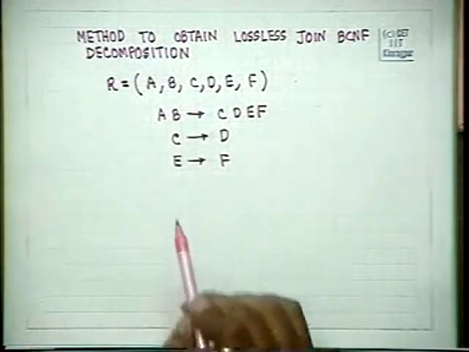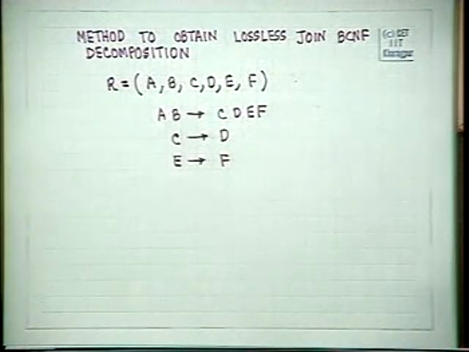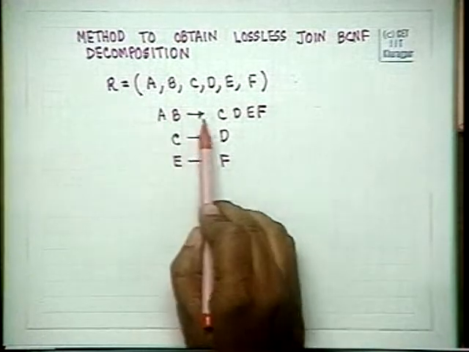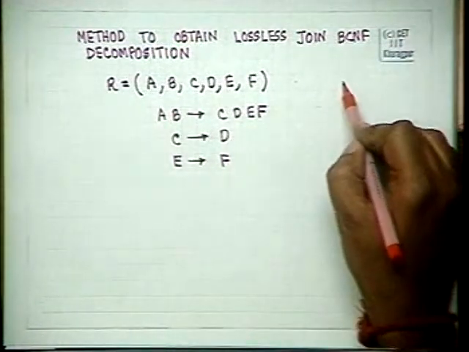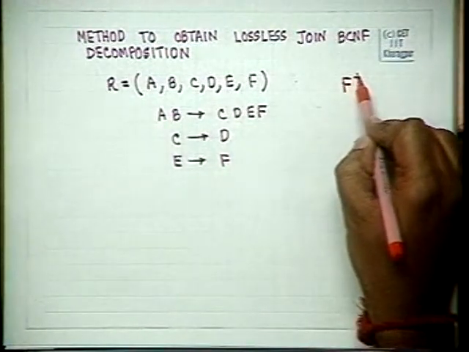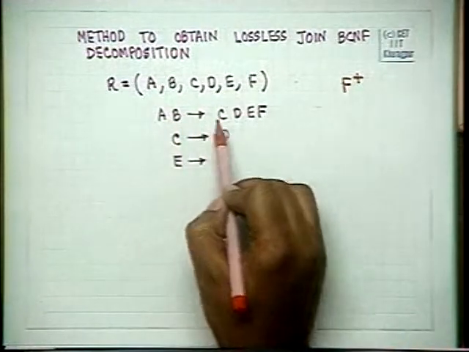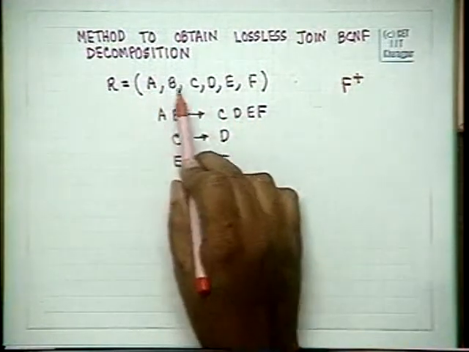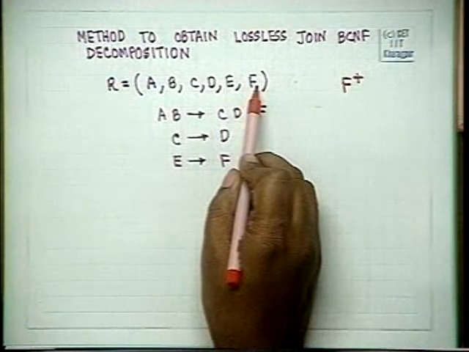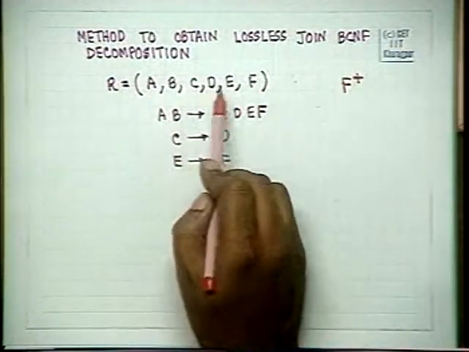Now, this algorithm works as follows. You pick up any functional dependency actually in F plus, and see whether this functional dependency is applicable on the relation scheme. Presently, we have only one relation scheme.